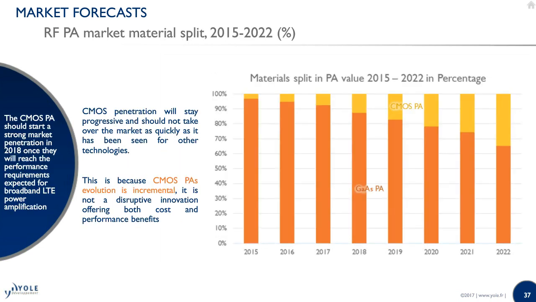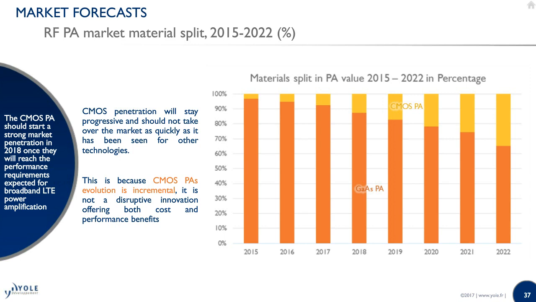So in terms of technology, how are they manufactured today? The main technology is gallium arsenide, and we do see some CMOS power amplifiers on the market for the low-end power amplifiers, so the 2G power amplifiers. We do expect this technology to really offer very nice cost and performance benefits, so to grow higher in this market.